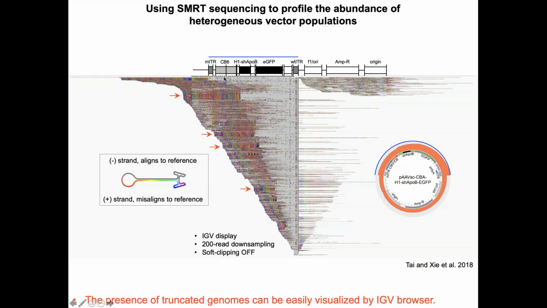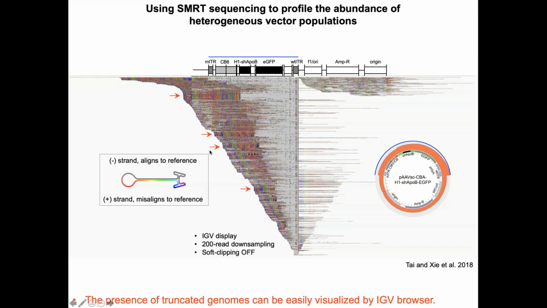So at the very top of this alignment are those genomes that represent expected self-complementary sequences from wild-type ITR to the mutant ITR, and then the complementary strand. So for every molecule that is fully complementary, half of the genome aligns well and the other half doesn't.